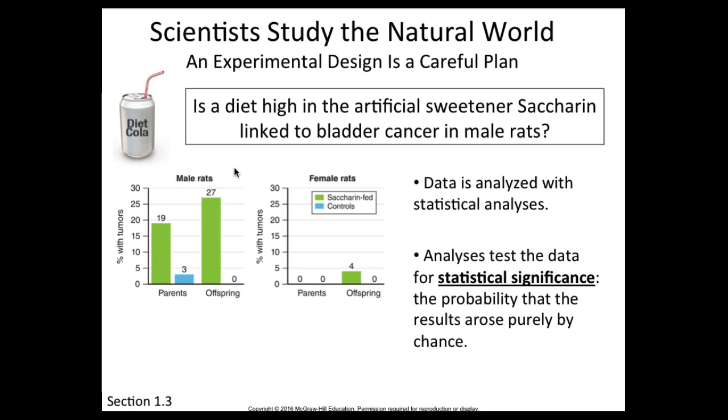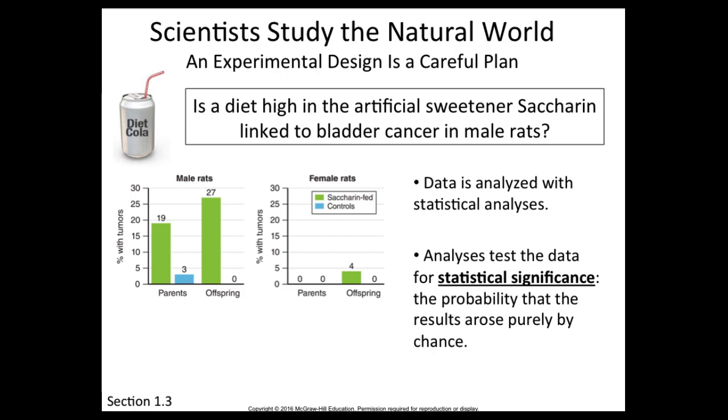And this is in males only. Now what about the females? Females, we've got none, and then just a few in the offspring. So when we analyze this data, we need to then test for statistical significance, which is the probability that these results arose purely by chance.